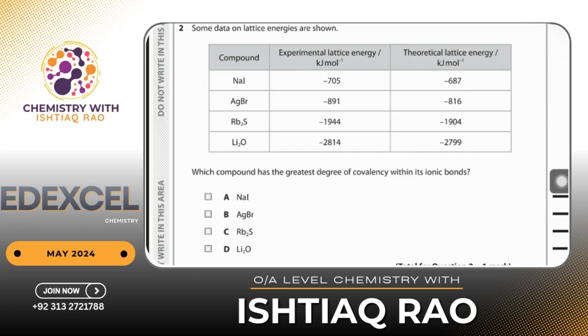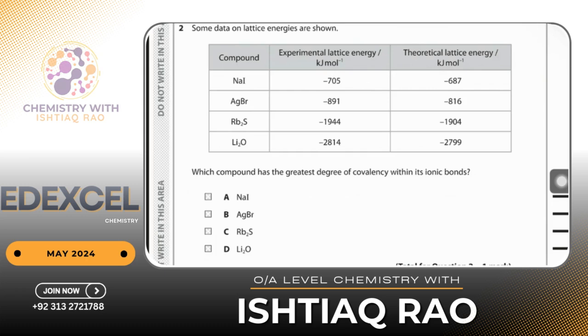If the lattice energy is more exothermic, more negative, the compound would be stronger. I'm talking about ionic compounds because the term lattice energy is specific to ionic bonding. So which compound has the greatest degree of covalency with its ionic bond?